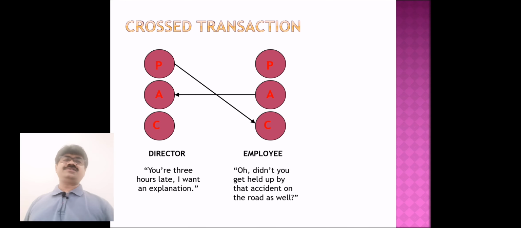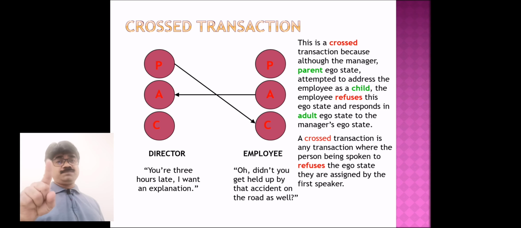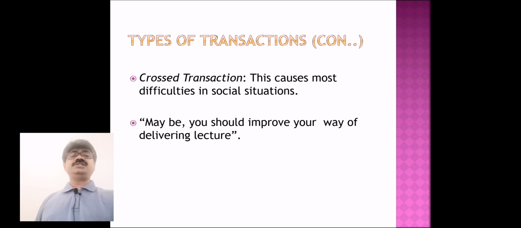Usually when there is a cross transaction, there is a chance of conflict. Sometimes people refuse to be in the ego state assigned to them by the first speaker. The first speaker has assigned him a child ego, but he refuses to remain in the child ego and speaks in an adult ego. Usually people do this. Now we'll continue. Cross transactions cause a lot of difficulty in social situations.